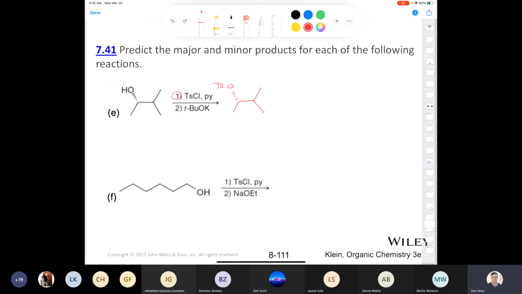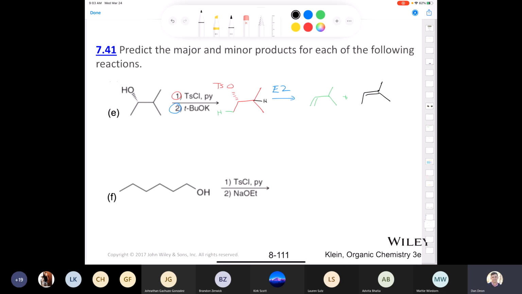And next we're treating it with a strong base that is going to be a poor nucleophile because it's so sterically hindered. And so we're only going to get E2 products. Well, we get two kinds of beta protons. We've got this kind here, which is going to result in this product, and then we've also got this one here, which is going to result in this product. Could anybody tell me which one of these would be major?